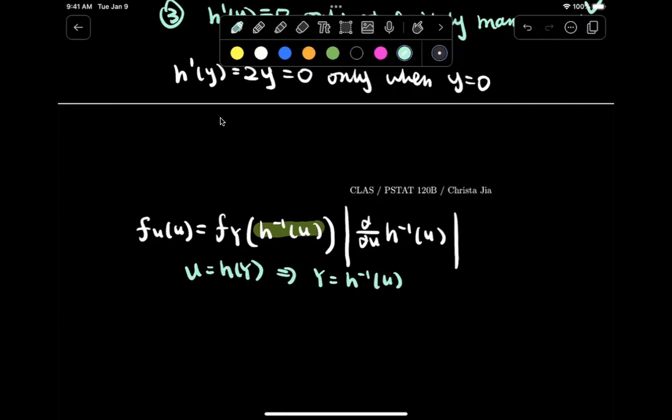So we have u equals the square of y. This implies y is equal to the square root of u. And this would be the inverse of h. So the inverse of h is the square root function.